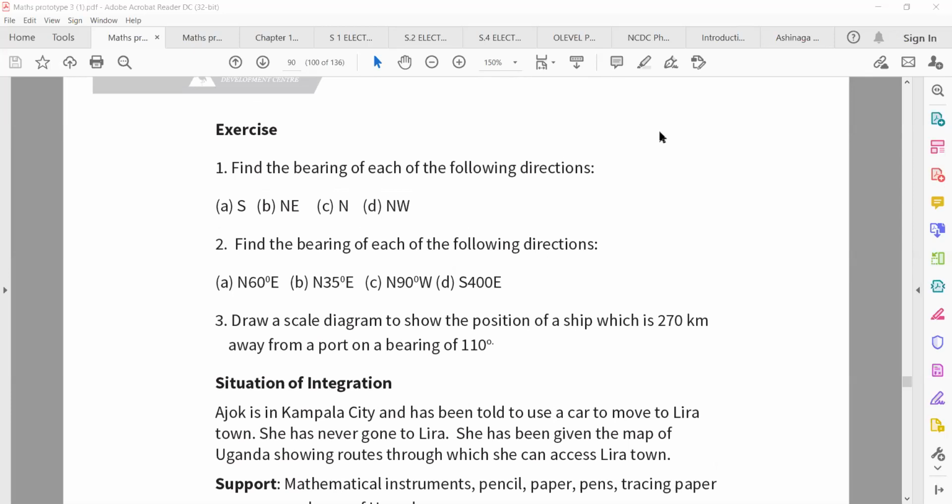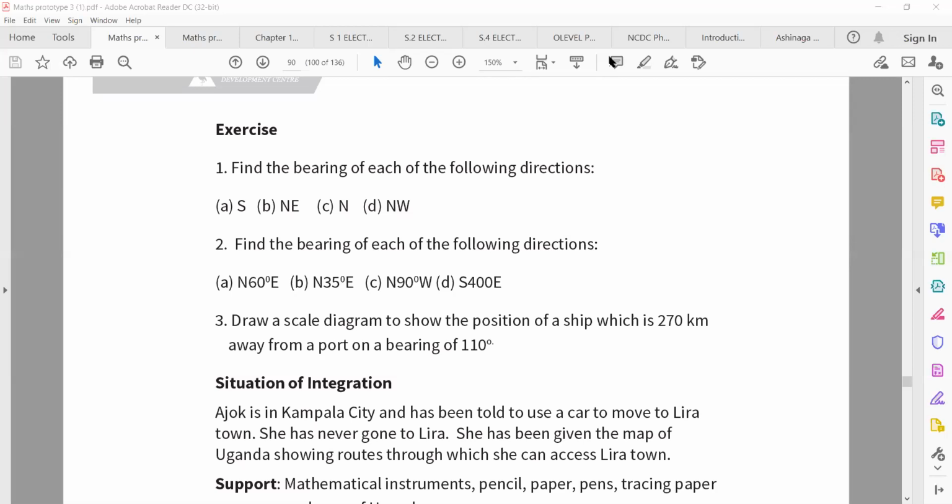Let me first check my chat. Anna wanted us to go through the corrections of the previous activity, but she wasn't specific. Then we had Sandra, who said scale drawing in bearing is confusing her. Maybe we need to throw some light.